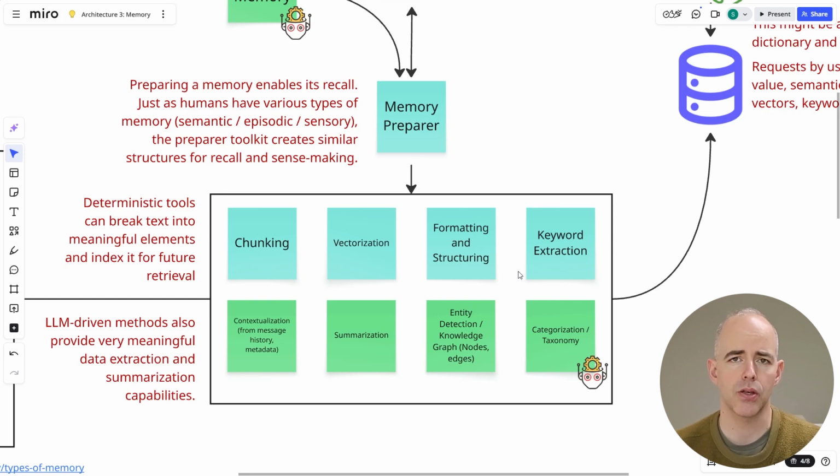And so that means you can use any variety of different libraries, like spaCy if you're using Python or anything equivalent. And you could parse out keywords based on a lookup catalog or even a regular expression. And so those are deterministic tools that are going to allow you to break your data down into smaller pieces.